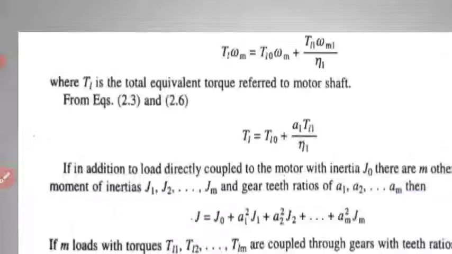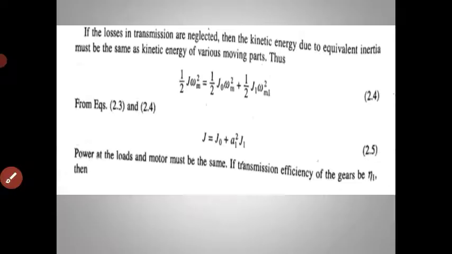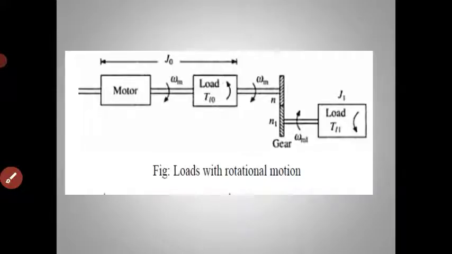It means the equation we obtained here is only for one load coupled, apart from the directly coupled one. I will go back and show you. See, this is the figure.